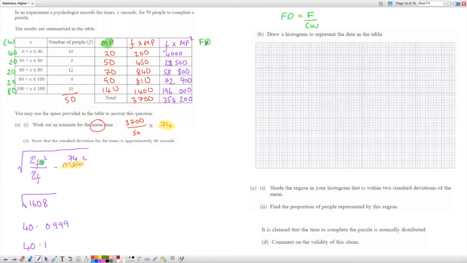So our first frequency is 10 divided by 40. So our first frequency density is 0.25.